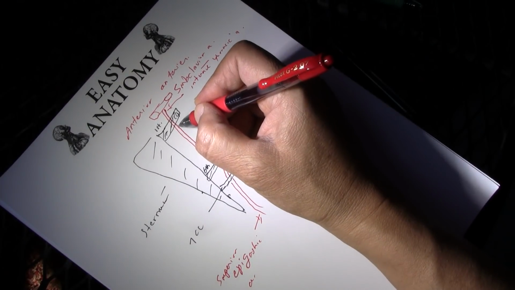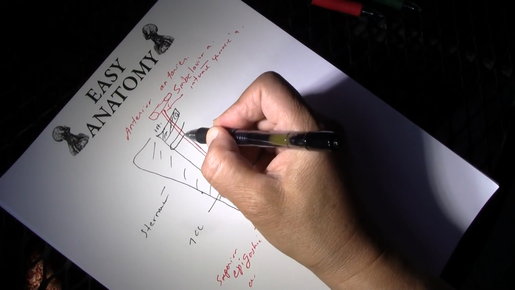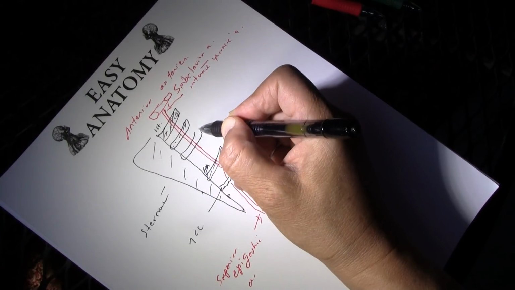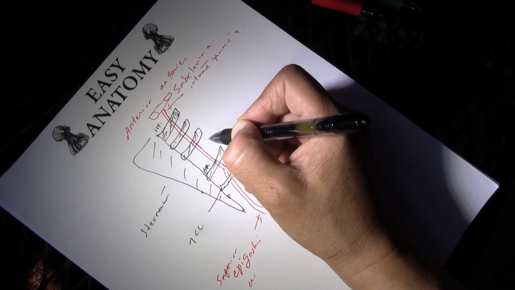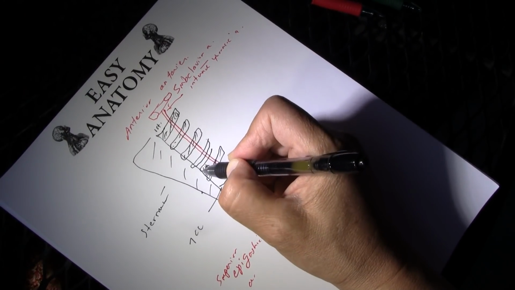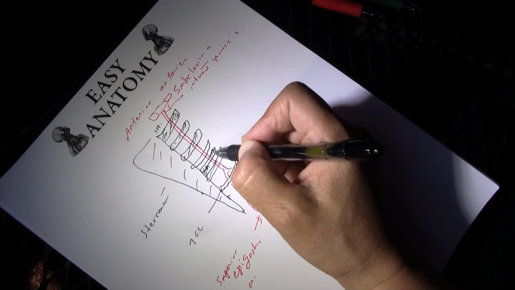And in each space here, this is number 2, costal cartilage number 3, 4, 5, and 6 is in the 6th space here.